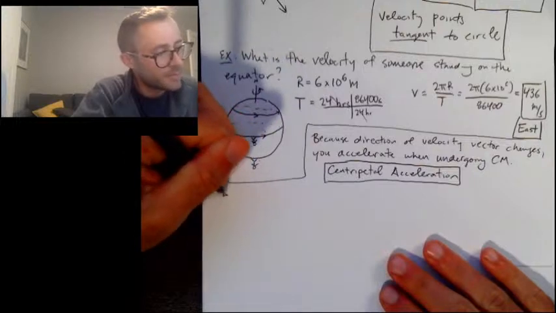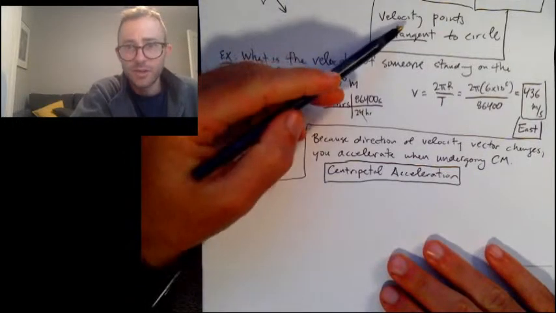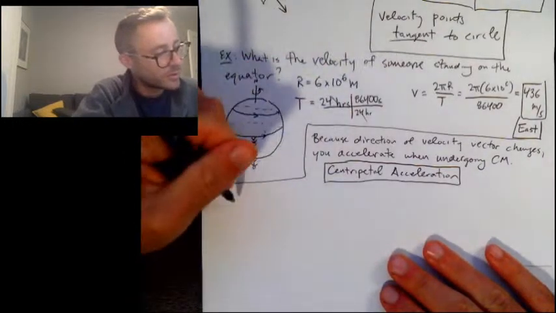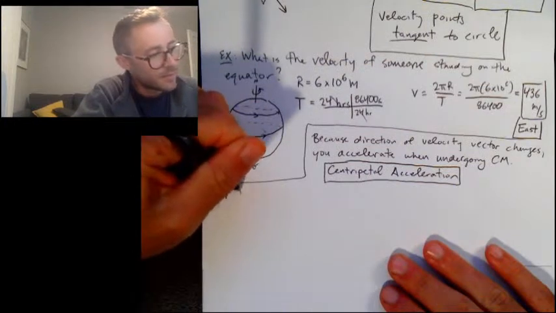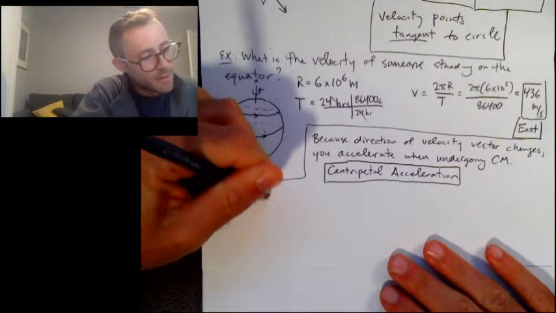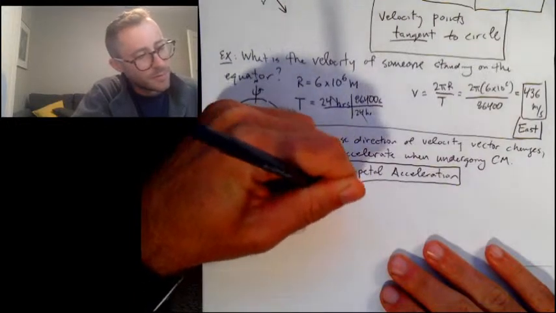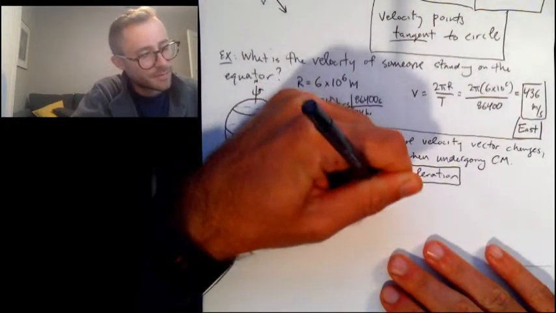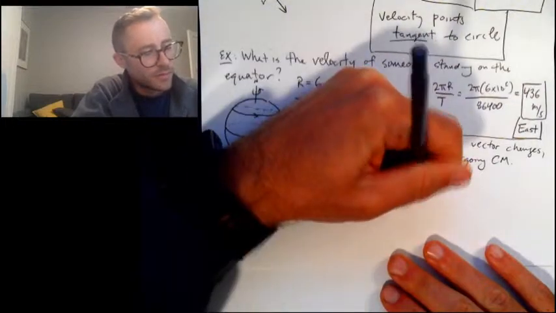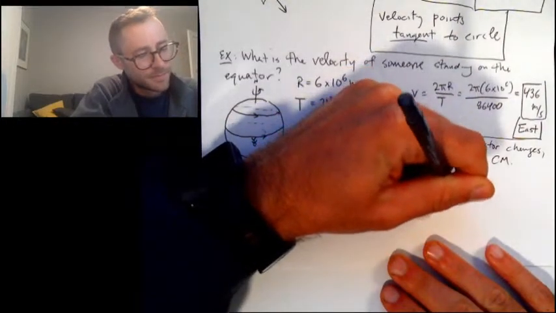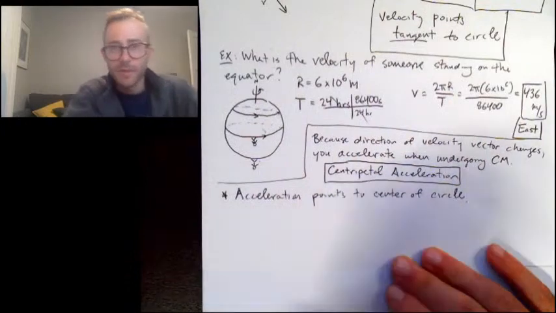It's a key point. So the velocity points tangent to the circle, but the acceleration points to the center of the circle. Okay?